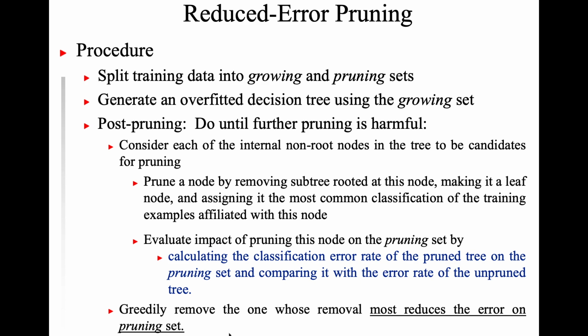Then you greedily remove the node whose removal most reduced the error on the pruning set. So if you compare that accuracy between the pruned and unpruned tree, the removal that causes the highest reduction in the error rate, meaning higher accuracy, is the one we remove.